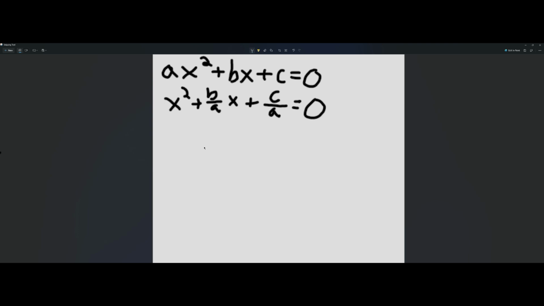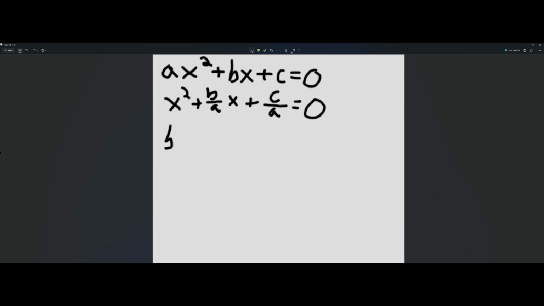So we're going to take our b over a. So our b coefficient is b over a. So we're going to do b over a divided by 2, which is just equal to b over 2a, right? And now we're going to square this.